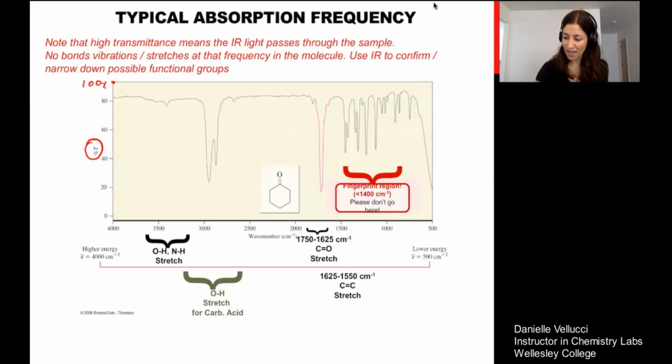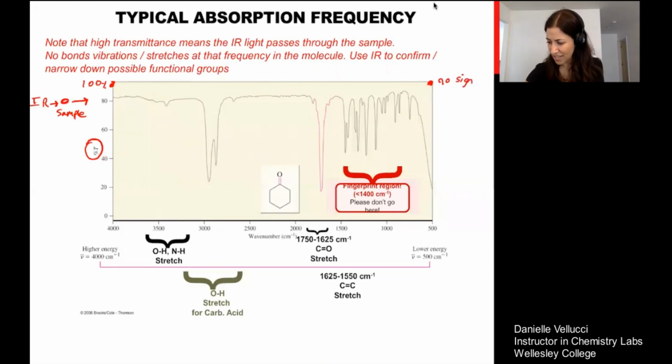What this means is that IR light is irradiated through my sample, and at a wavelength where I register about 100%, it means that the light simply passed through the sample without absorption. So this top line really means no significant absorption.